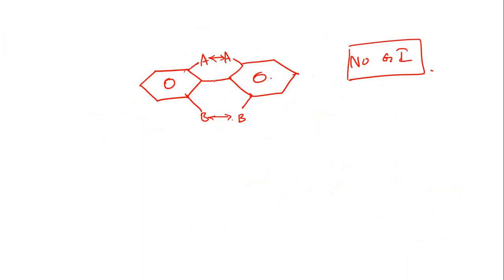What can happen? This is a sigma bond. It can rotate about its own axis freely. So what happens is we have this in the horizontal plane and this in the vertical plane, or vice versa, anything can happen. This is horizontal, this is vertical.